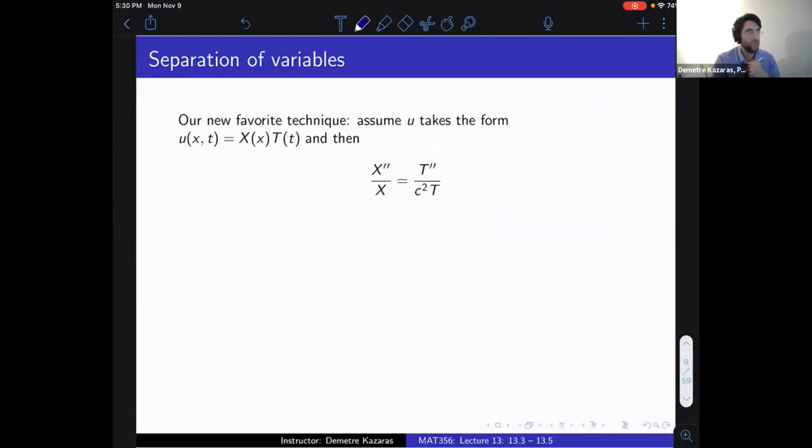Okay, so let us try to solve the wave equation. We're trying to solve the equation partial t squared of u equals c squared partial x squared of u. So what should we do if we want to solve it?